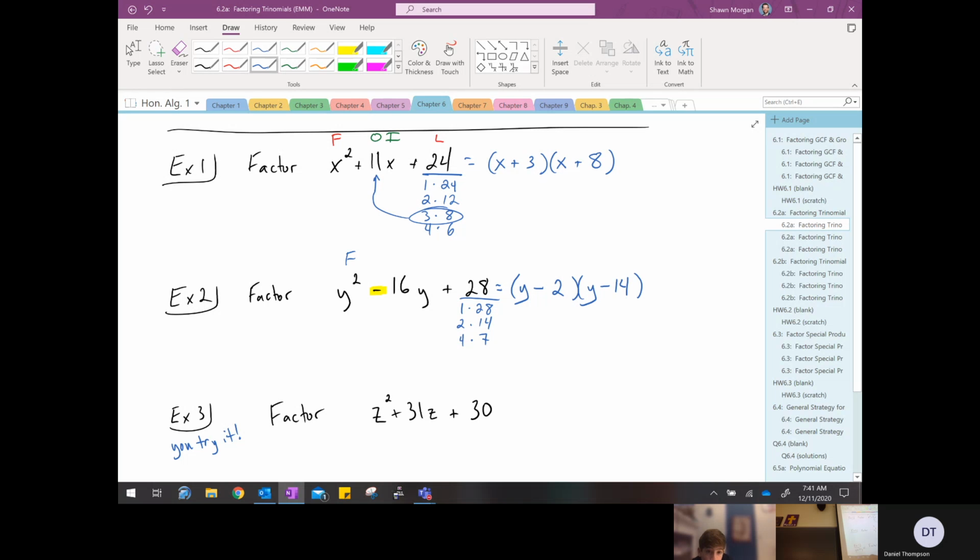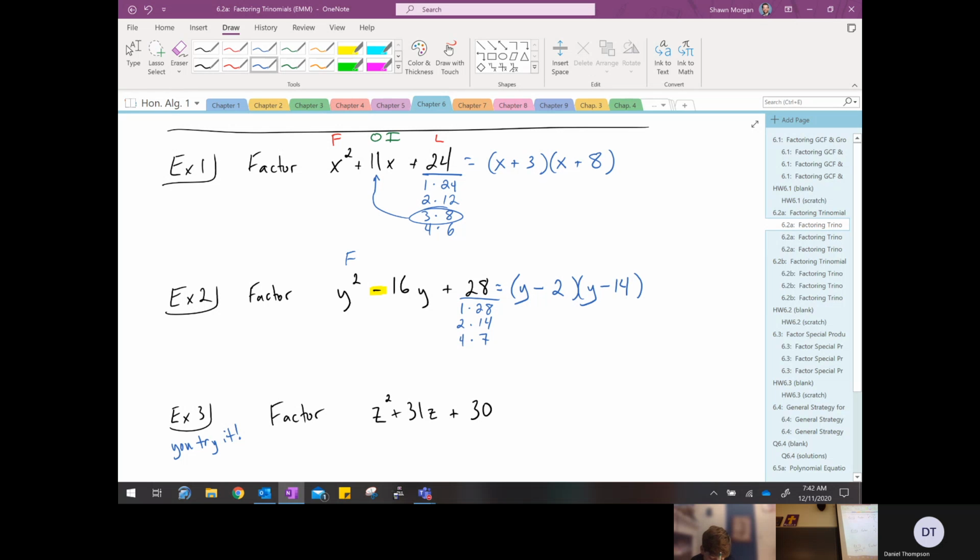The sign of the linear coefficient will determine the signs of my factor pair. In other words, on that first example, 11x was positive, so I used positive 3 and positive 8. On the second example, 16 is negative, so I use negative 2 and negative 14.